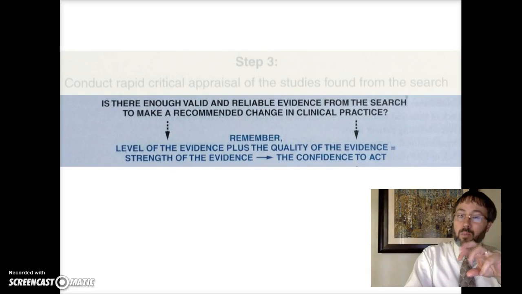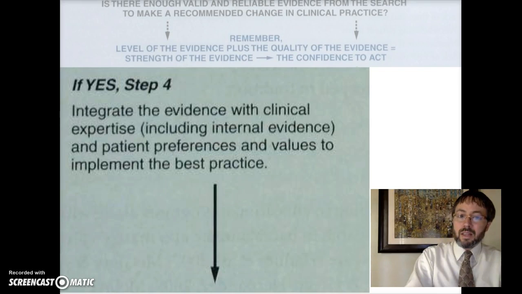Then once you appraise them, you have to decide, is there enough evidence to change the practice that I'm considering? And if there is, then you have to take that evidence and integrate it with the practice context. You have to link it with the practice expertise of the clinical team or the public health team or the policy team, whatever team you're working with.